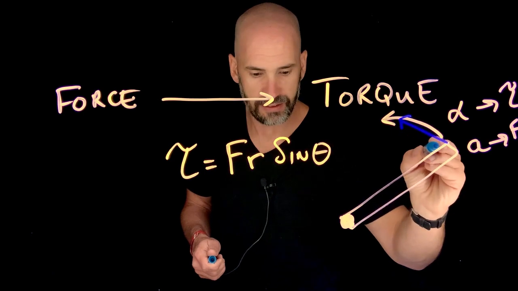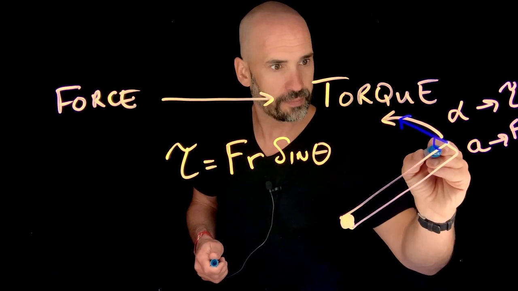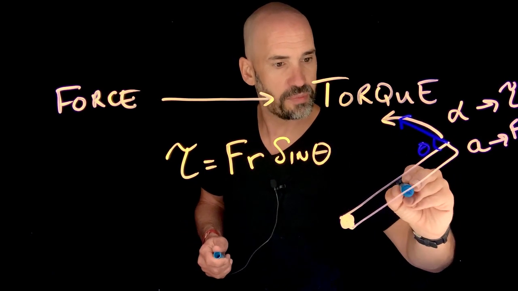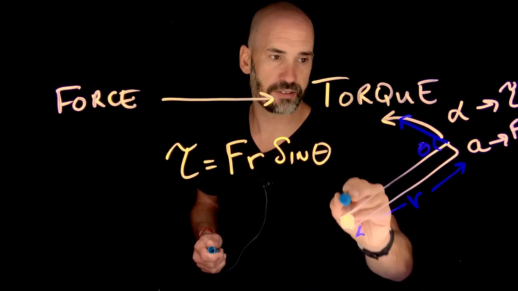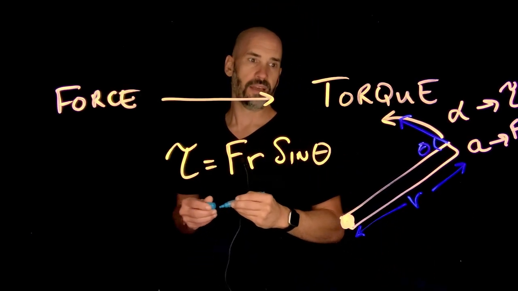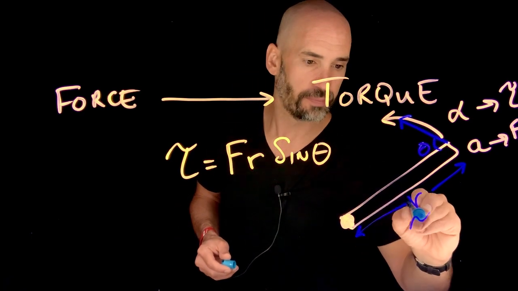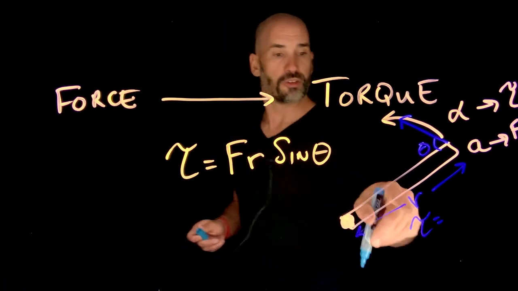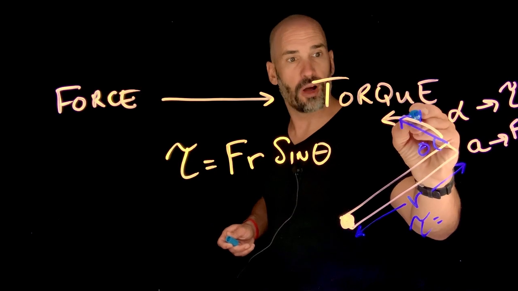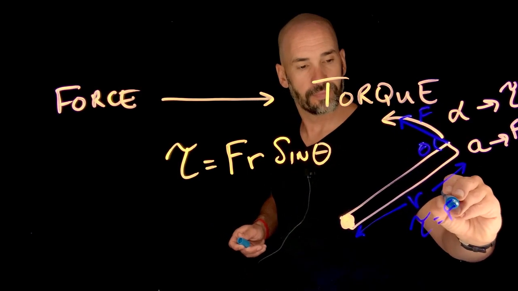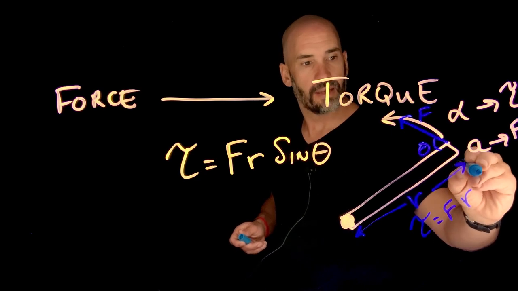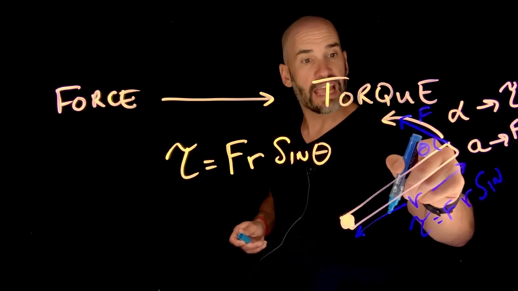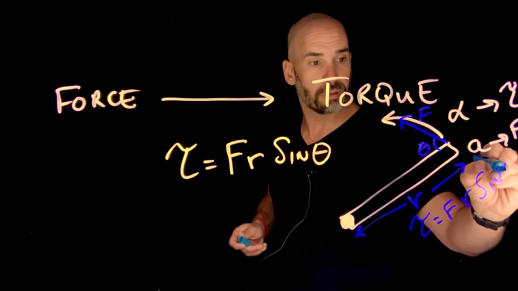here at some angle, theta, at some distance r away from the axis of rotation, okay, then that's the torque that I get. I get a torque equal to how strong that force is, how far from the axis I push it, times sine of the angle at which I apply it, right?